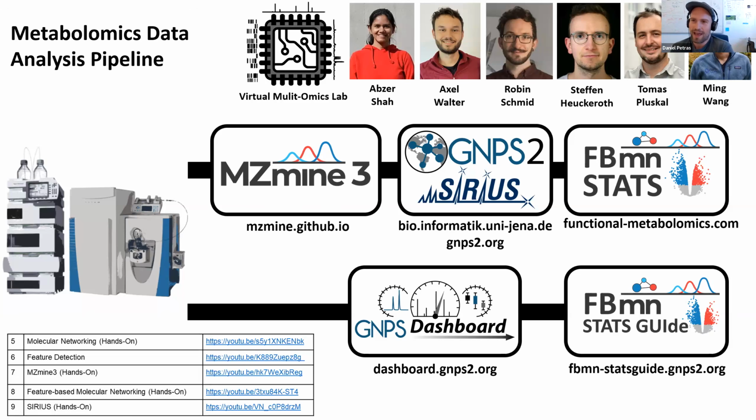So now, we get from feature finding to annotation, and then we get this massive feature table. So one big effort in the lab, and I particularly want to point out Abzer and Axel there, who spearheaded that, was to streamline the statistics tools that we use downstream.